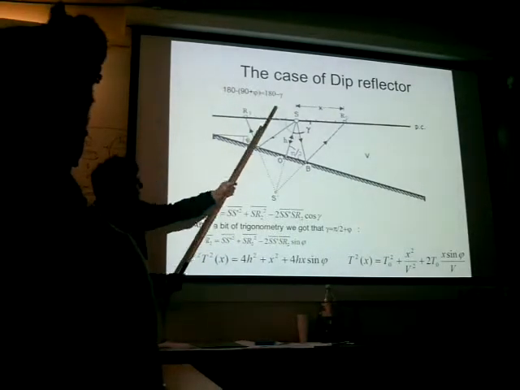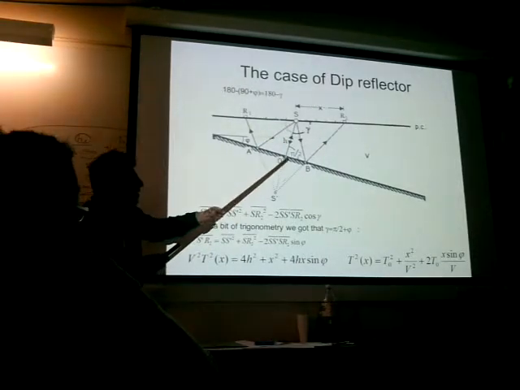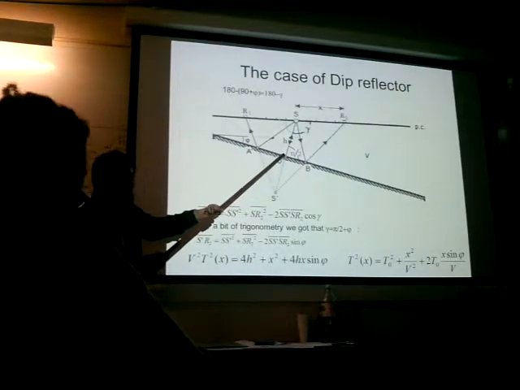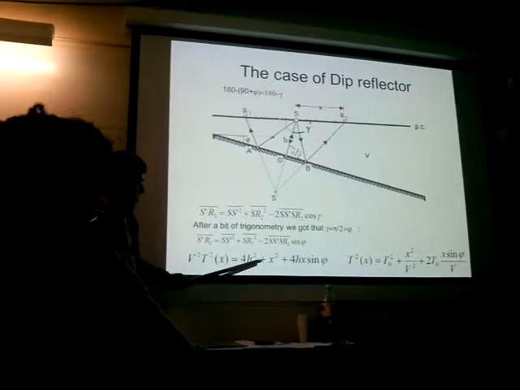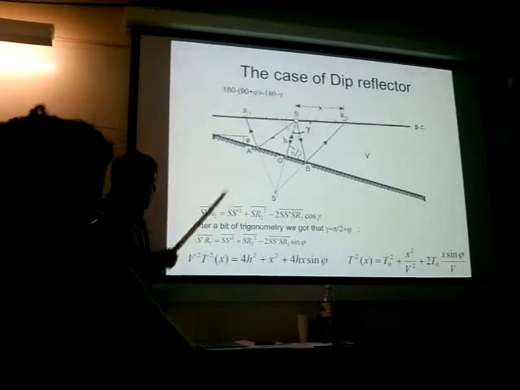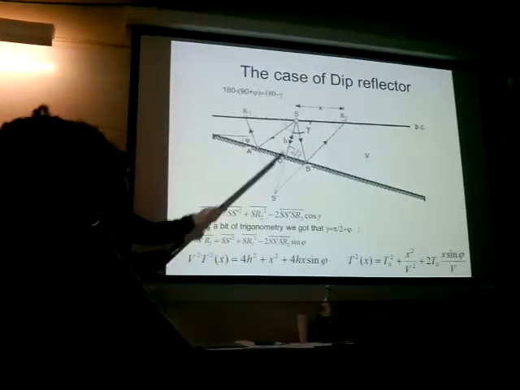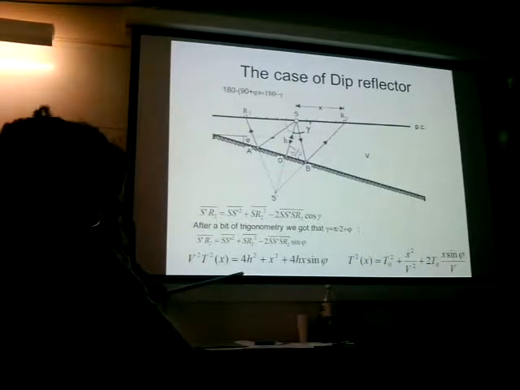SS prime is twice the thickness taken at the point O. That is the thickness at the orthogonal reflection basically. So it's my H squared. As it is squared, my SS prime is 2H, H plus H, squared, so 2H squared, 4H squared.